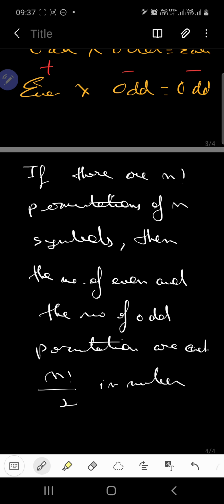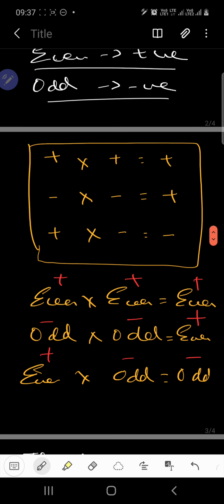We know that if there are n symbols in a particular set, then the total number of permutations will be n factorial. So the number of even and the number of odd permutations each will be n factorial over 2, that is, they will be equal in number. Okay, so this was about even and odd permutations.